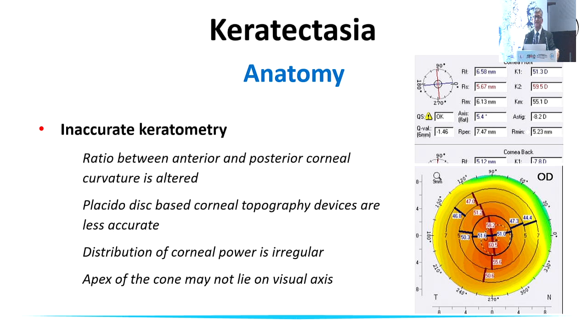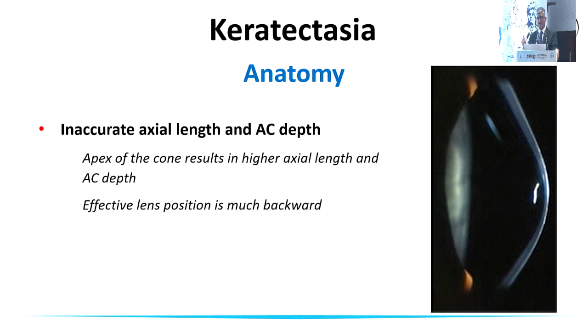And the third is that in the 3 millimeter zone, whatever corneal power you get may not be reflective of the total corneal power that this person has. At times, even the apex of the cone is not central, and this alteration in the location of the cone can affect the overall post-operative outcome.